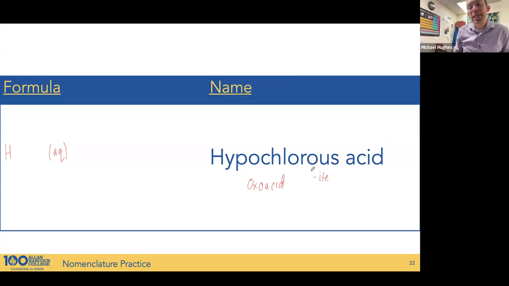So this makes this polyatomic oxoanion hypochlorite, which is ClO minus from our polyatomic table. So hypo and hydro seem similar, but they are not. So this is the acid that's associated with hypochlorite, which is 1 minus. So we'll only need a 1 plus hydrogen for the 1 minus to equal the 1 plus. So HClO is hypochlorous acid.